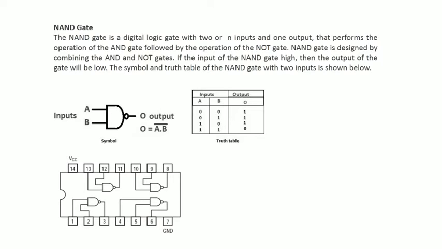So this is the truth table for the NAND gate. The IC here again has 4 gates inside it. The IC number for the NAND gate is 7400. The bubble indicates the inversion.